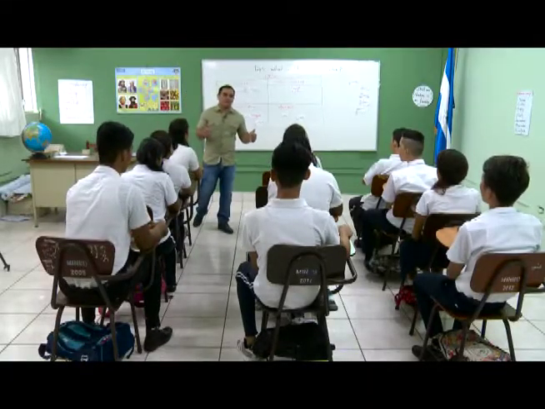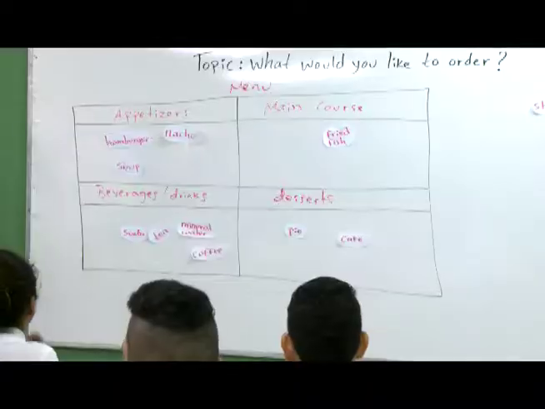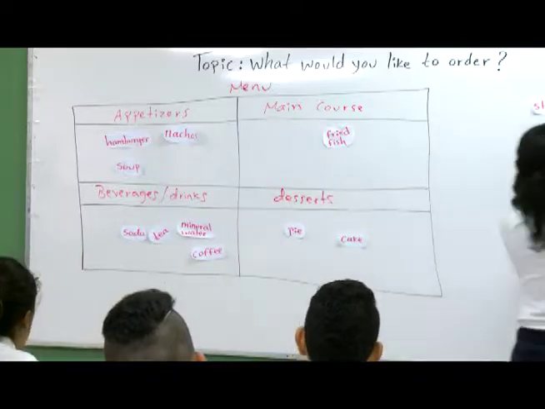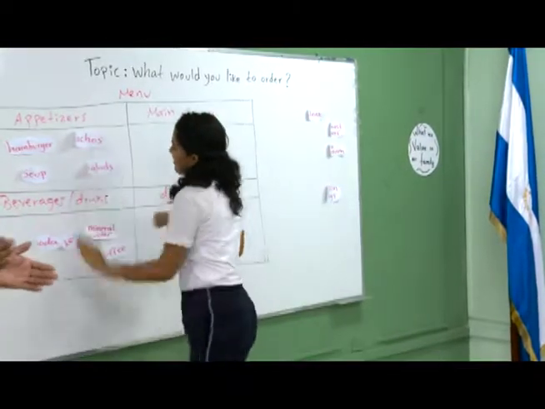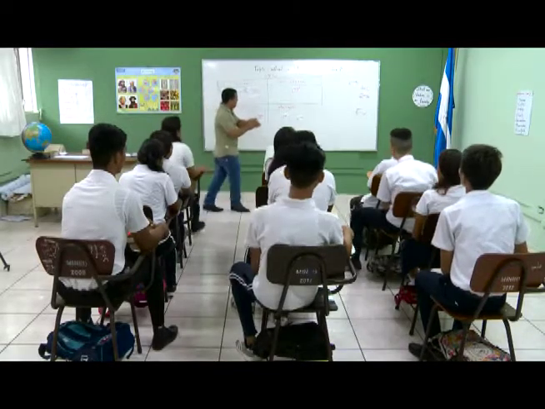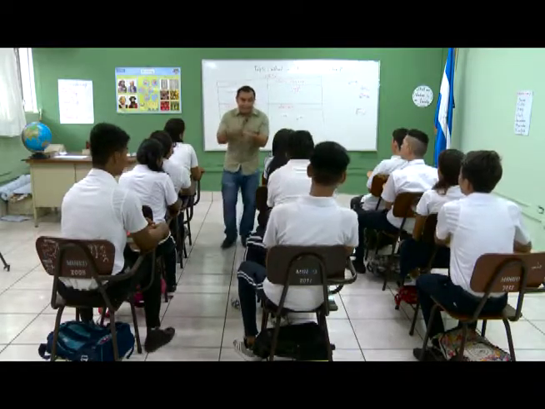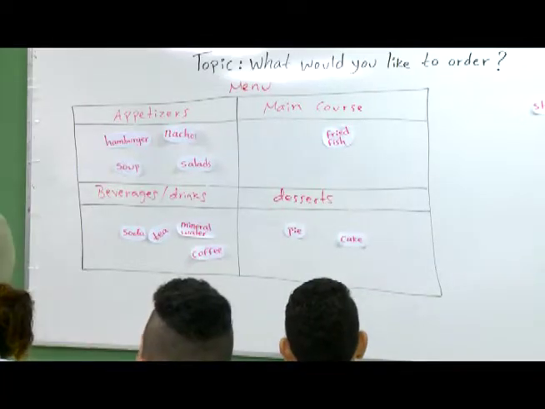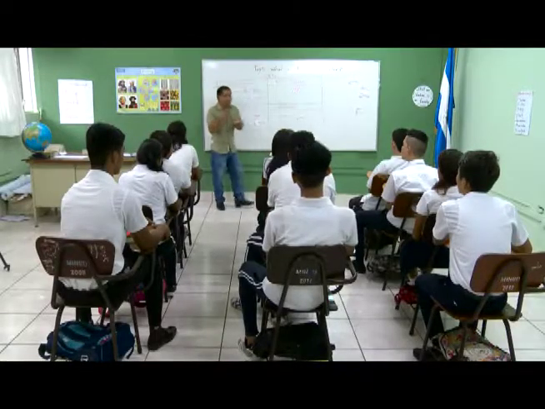I said main course, right? 1, 2, 3 desserts. Remember, the desserts is the sweet meal that you receive in a restaurant. The sweet meal that you receive.